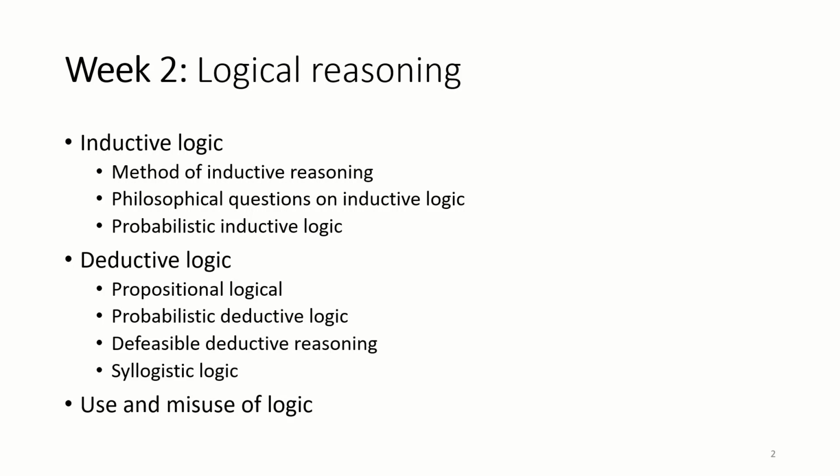Then we also get on to the probabilistic deductive logic, the probability attached to the logic, and defeasible deductive reasoning. In that we discussed how some premises get more importance over other premises, and how that can help us change our conclusion, and our decision making.